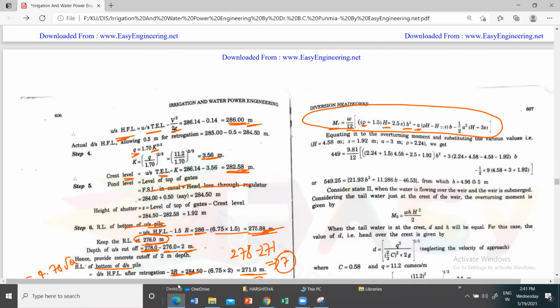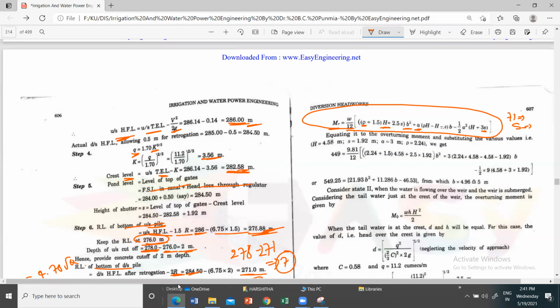H is the head of the crest. S is the storage head due to the gate portion, and capital H is the storage due to the weir portion. All these factors we need to consider for the calculation of the resisting moment.